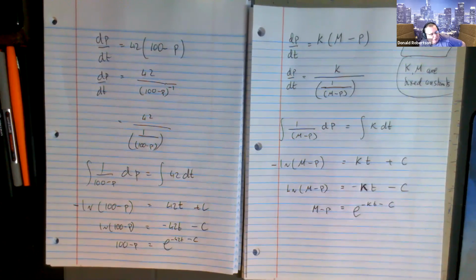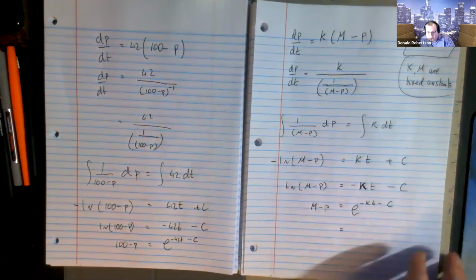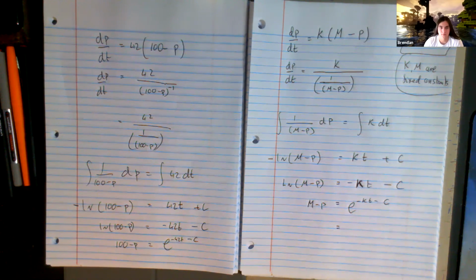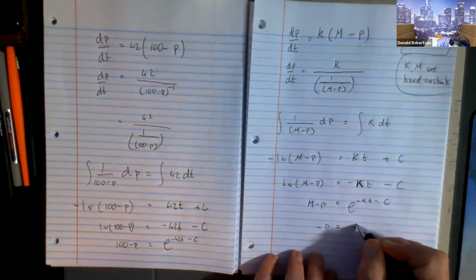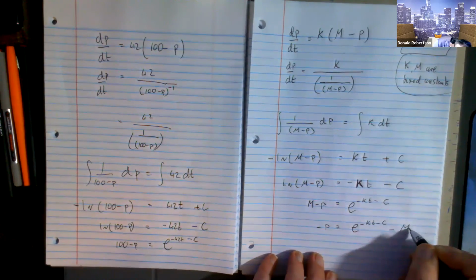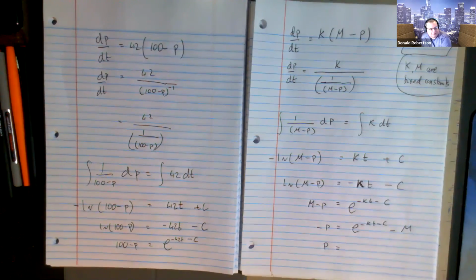Remember, we're trying to get P on its own. So we're getting there, right? Very slowly, but we are getting there. What would I do to both sides next? Subtract M. Agreed. And what do I do now to get P, which is what we were after in the first place?